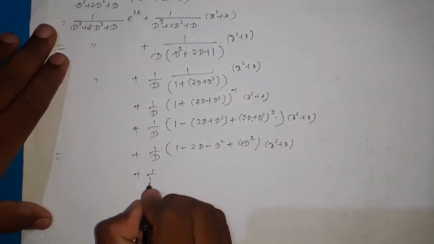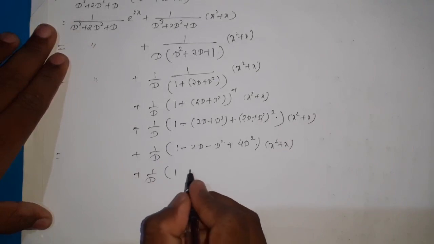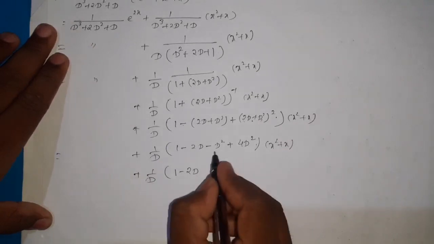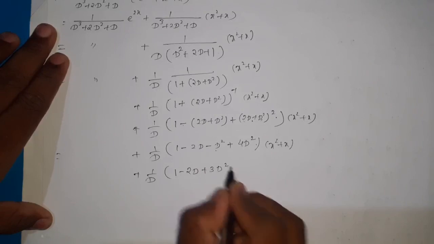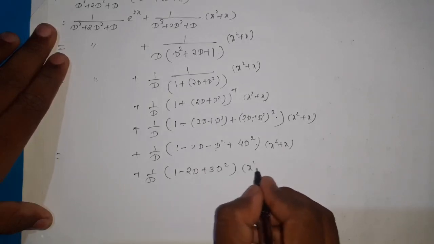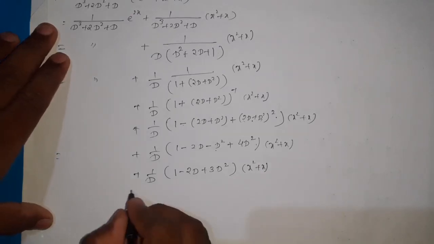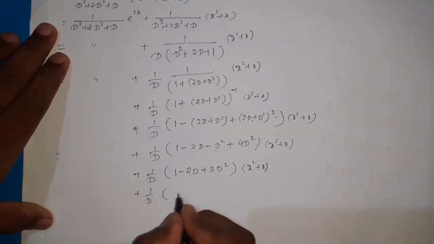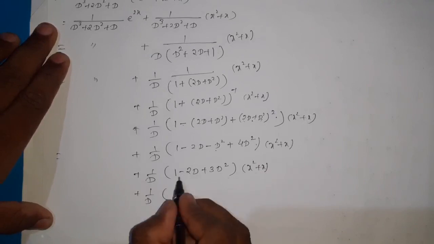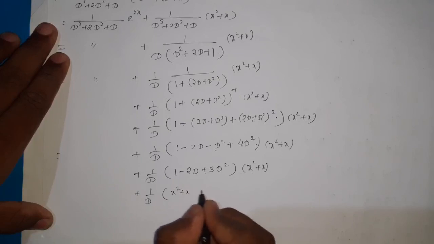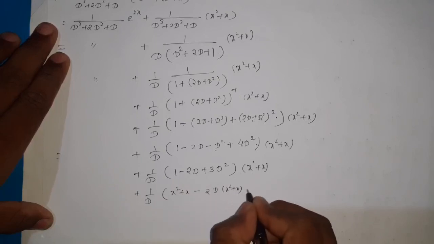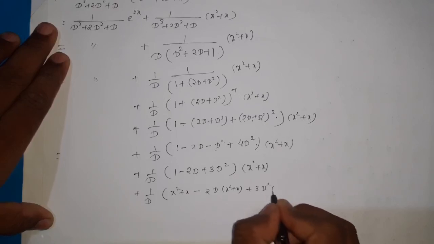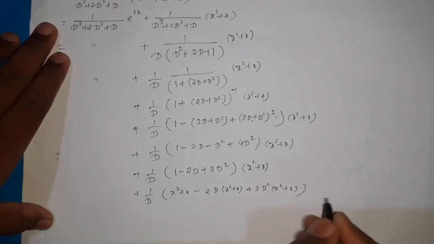Then here plus 1 by D, here 1 minus 2D minus D square plus 4D cube, that is 3D square, into x square plus x. Then plus 1 by D into, multiplying with this x square plus x, that is x square plus x minus 2 into D of x square plus x plus 3 into D square of x square plus x.